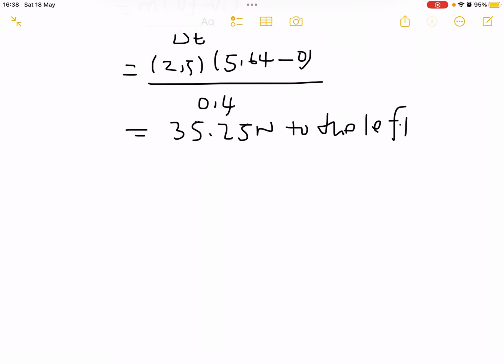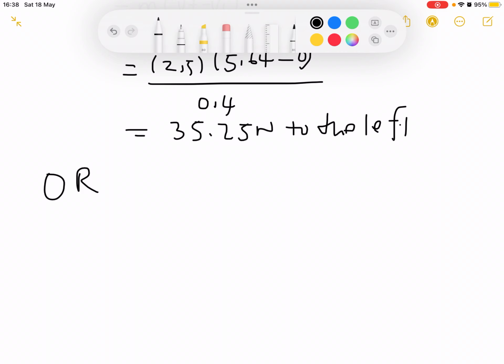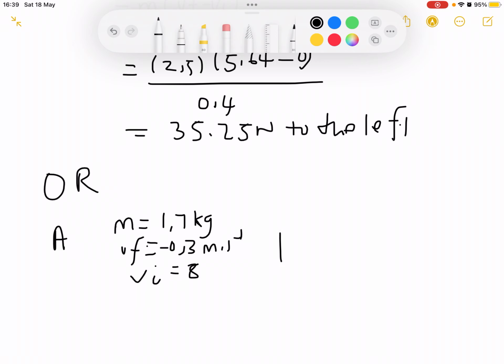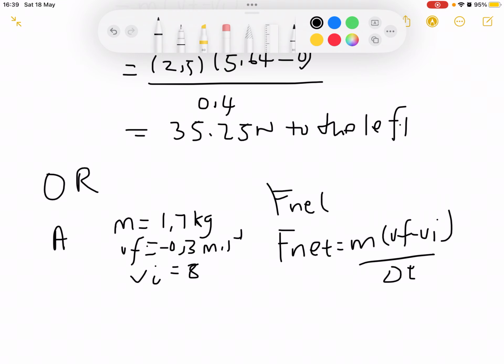So block A feels: the mass is equal to 1.7 kilograms and V final is negative 0.3 meters per second, and V initial is 8, so that we can get F net equals m times (VF minus VI) over delta T, which comes from F net equals change in P over change in time.